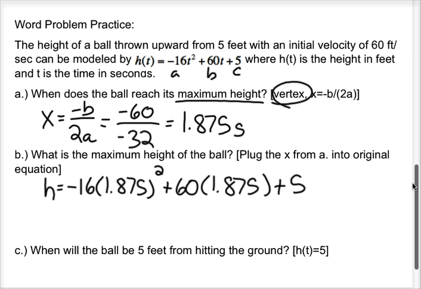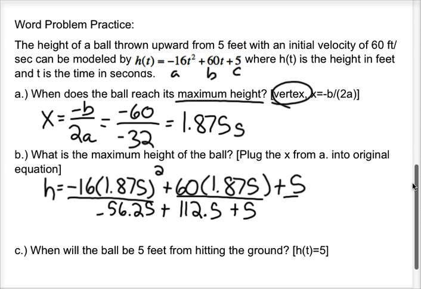Now, when I'm calculating these out, I want you to have a calculator in front of you. I want you checking to make sure you get the same values that I do. So, when I'm simplifying this first piece, getting a number for that, I get negative 56.25 plus, look at that piece, get 112.5, still have that plus 5.